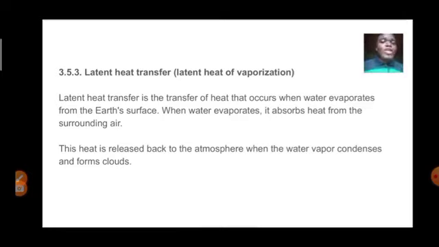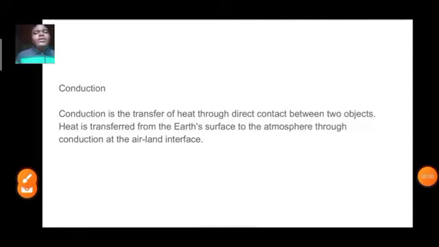So this heat is released back to the atmosphere when the water vapor condenses and forms clouds. So it loses heat as it rises, and when it finally reaches the atmosphere, the last content of that heat is given off before condensation and the formation of clouds occurs.